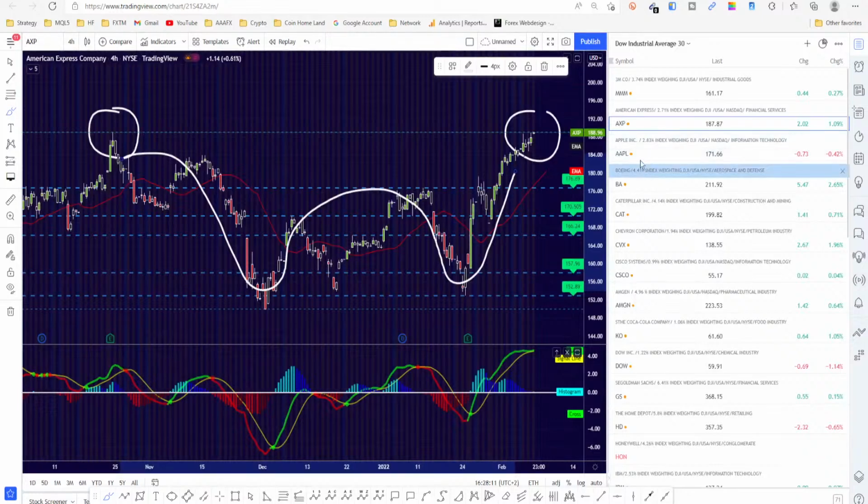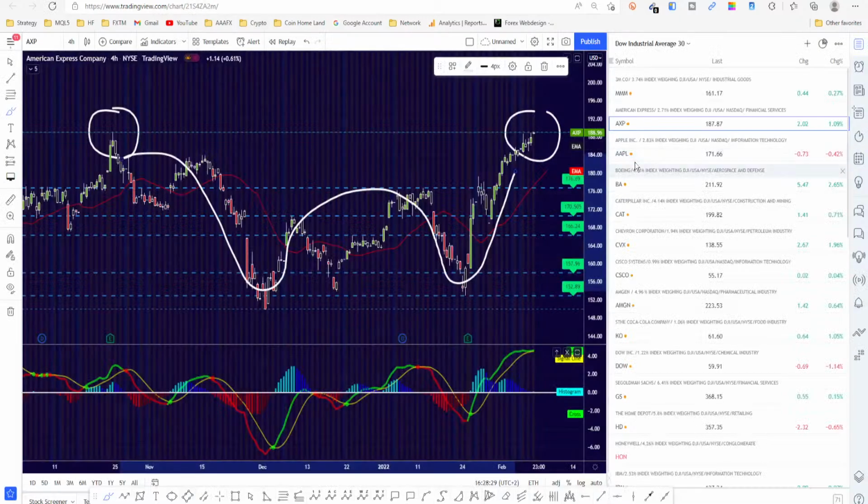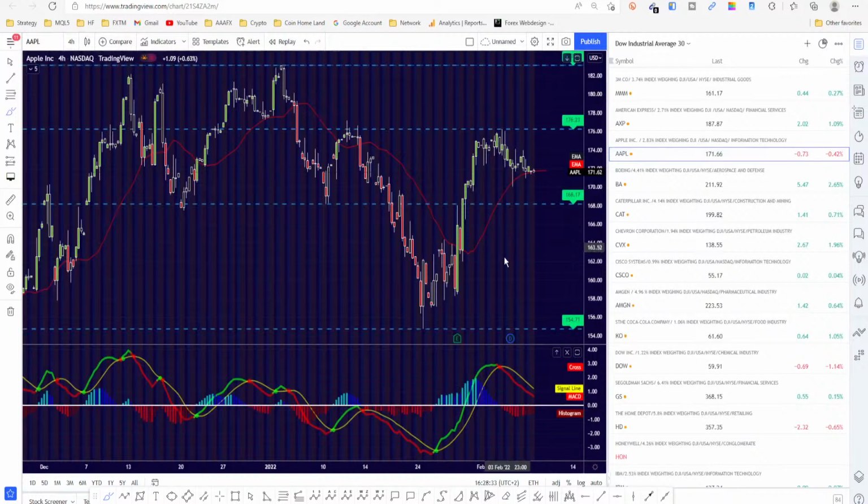Apple right here. So Apple had a little bit of correction recently to 156, and that was a good buy.